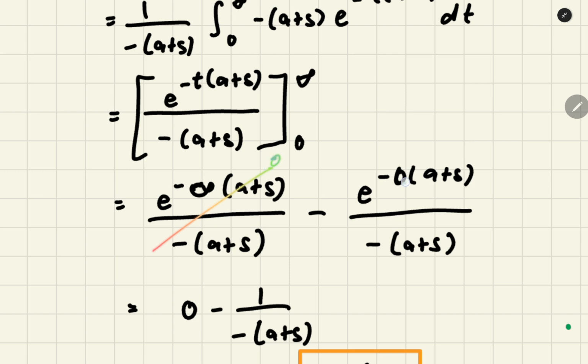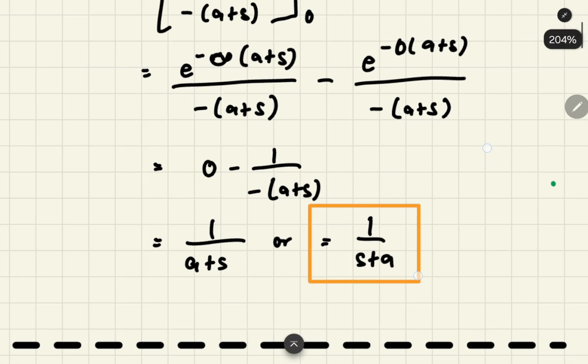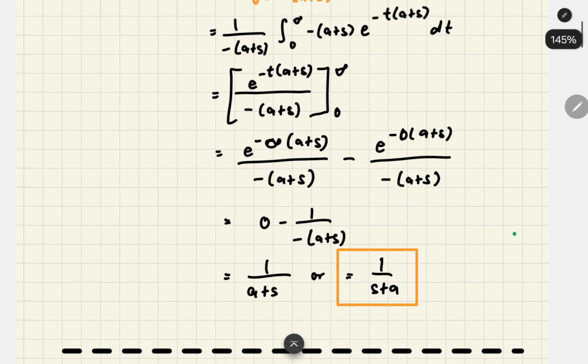And this one, since it's raised to 0, the numerator will be 1, and then the denominator will remain as negative a plus s. So negative times negative, we have 1 over a plus s. That's our final answer: 1 over a plus s, or 1 over s plus a.